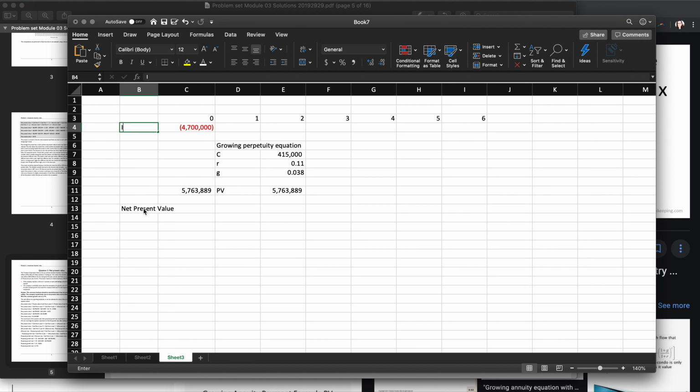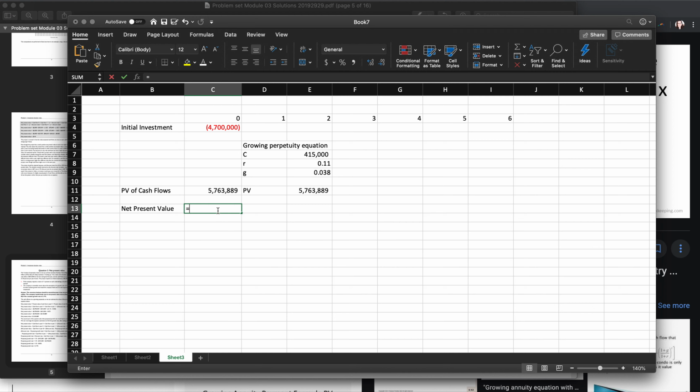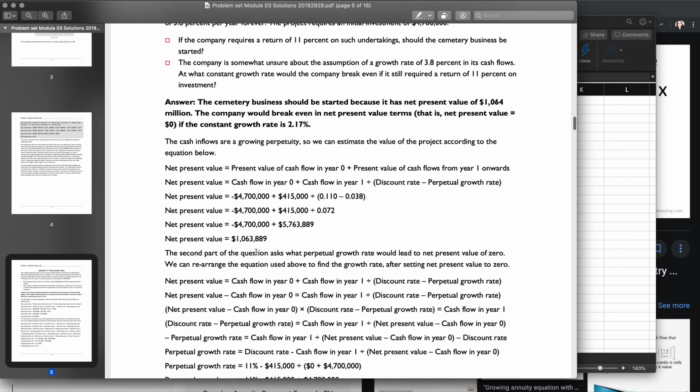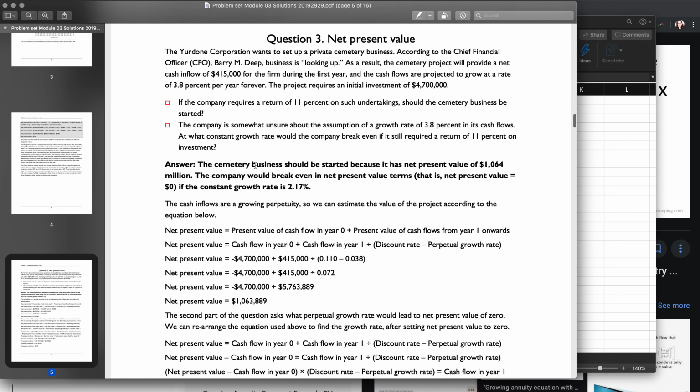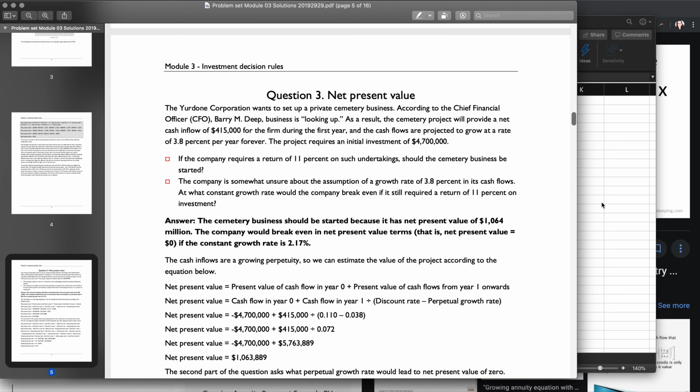So this is our initial investment, plus the PV of cash flows. So the NPV is 1.063 million. We should get that here, yes. And that is the amount that it's positive. We would take the project, makes total sense.